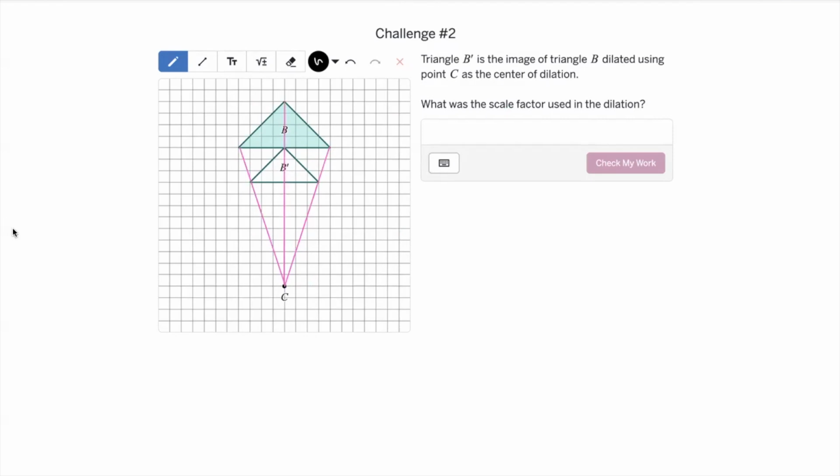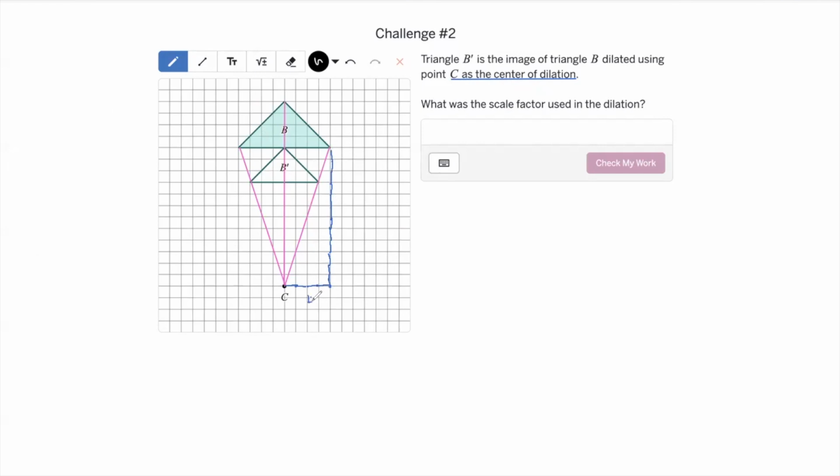Okay, so if you remember on the last one, we counted from the center of dilation, which is our C, to the original. So if I'm counting from the center of dilation to the original, I'm going 1, 2, 3, 4, and then 1, 2, 3, 4, 5, 6, 7, 8, 9, 10, 11, 12.